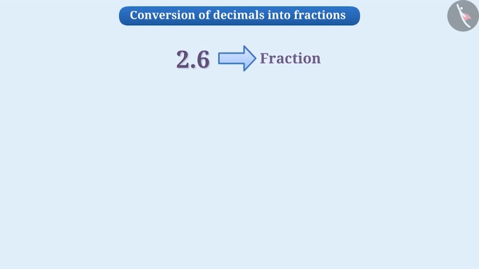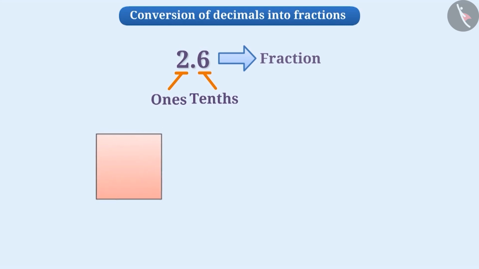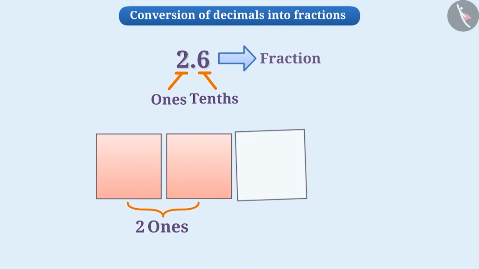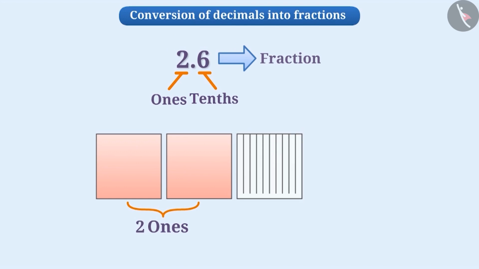In 2.6, there are 2 units and 6 tenths. Let us consider 1 square as 1 unit. So, we will take 2 squares for 2 units. Along with this, since there are 6 tenths, we will divide 1 square into 10 equal parts and take 6 parts from it.